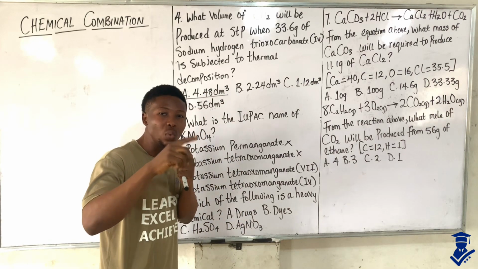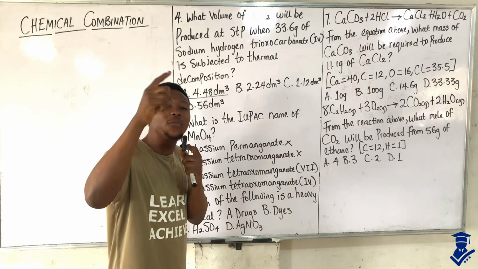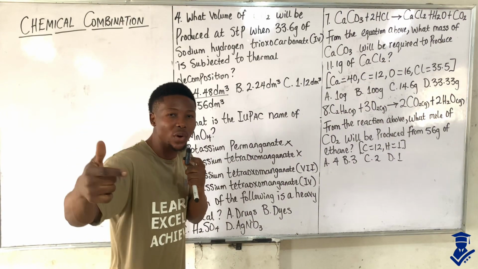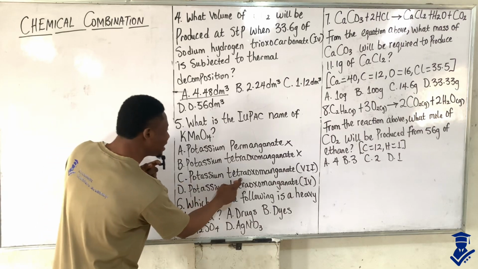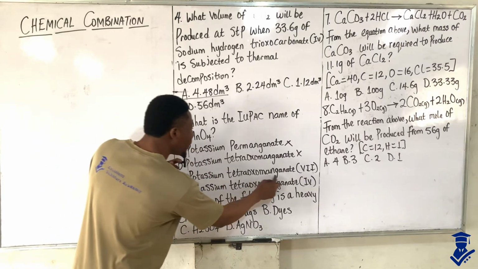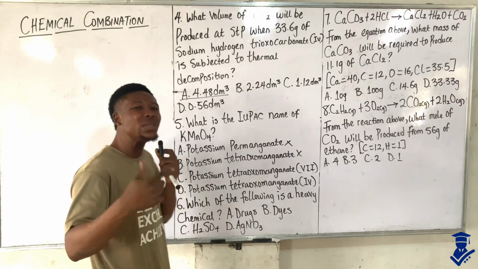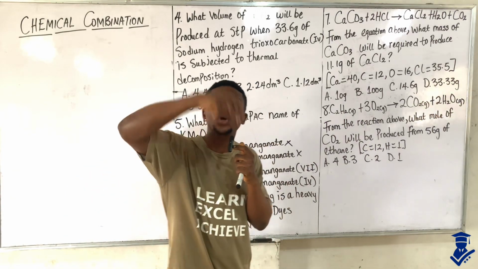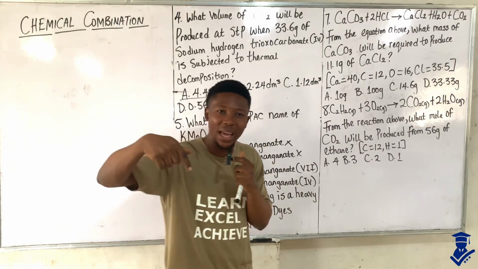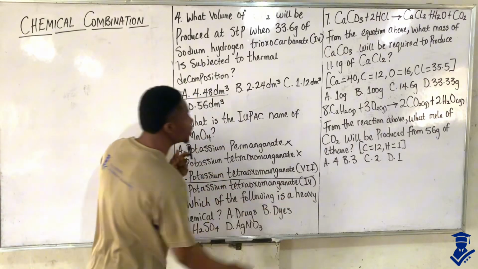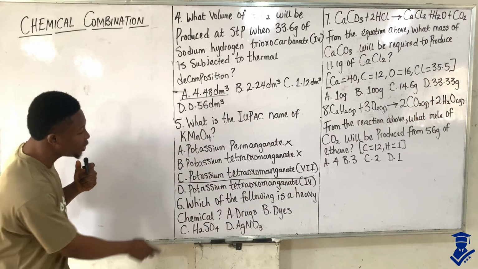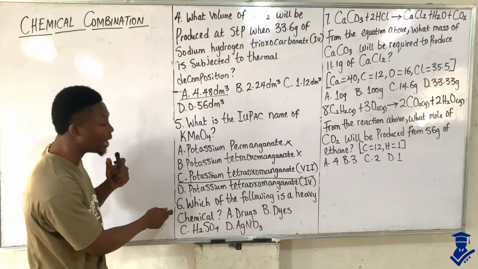Assuming it was 3, we would have said tri, but it's 4, so we are using tetra. So we have potassium tetraoxomanganate 7. Why are we saying manganate 7? Because the oxidation number of manganese there is 7. So the correct option is Option C.